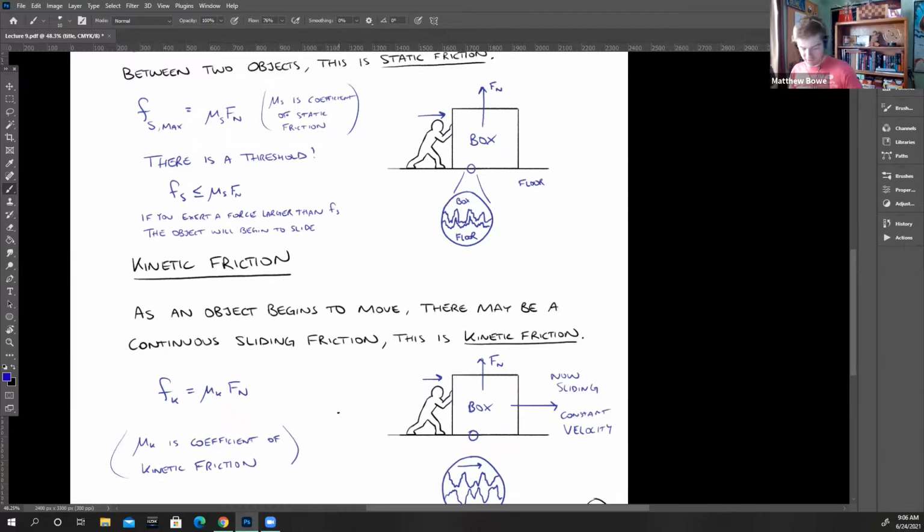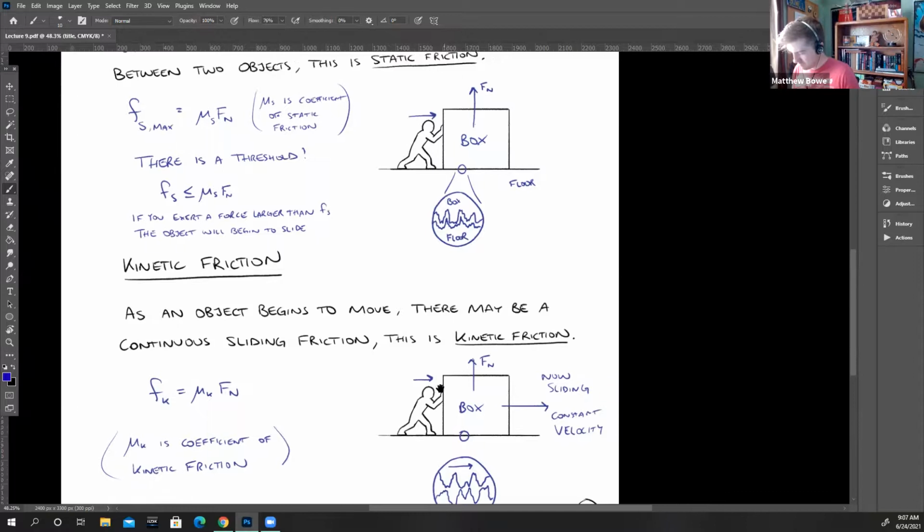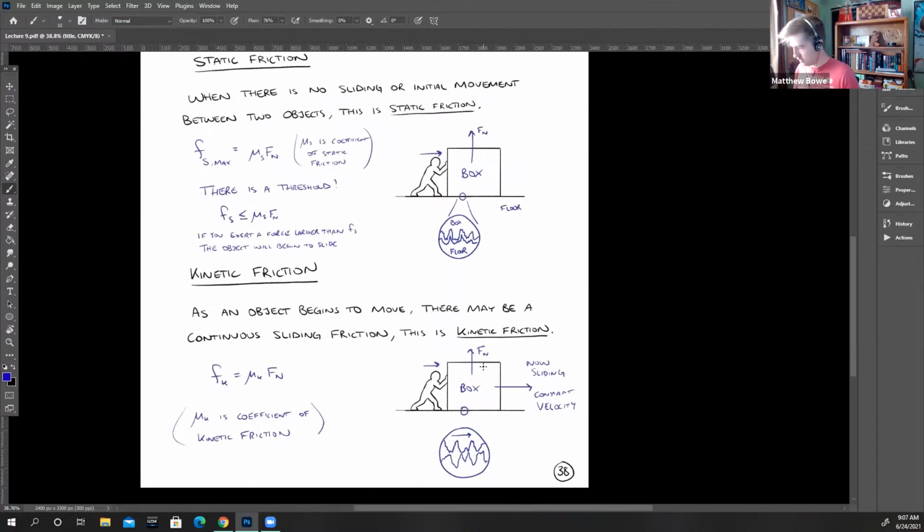That's why when you push your phone on your desk, it's sort of hard to get started, but then as soon as you do start, it's generally easier. And these coefficients are just values without units. So these are just numbers. You could look up a table if you're looking at, like, steel. Steel has a very low coefficient of kinetic friction.